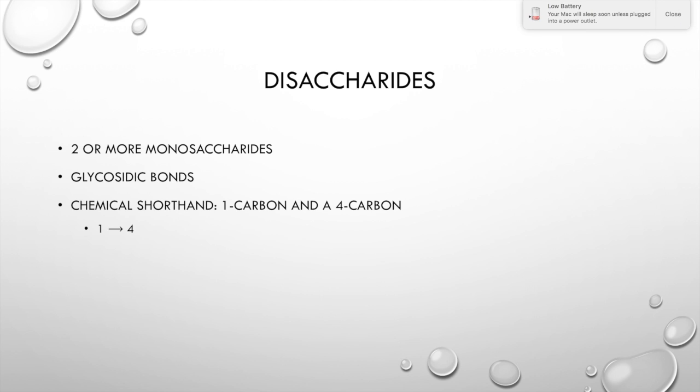The chemical shorthand for how monosaccharides are bonding together is, let's say the first carbon on one of the monosaccharides is bonding to the fourth carbon on the other monosaccharide. When they join together, you're going to write the shorthand as 1 to 4, which means that the first carbon on the first molecule is bonding to the fourth carbon on the second monosaccharide. So this is just the chemical shorthand of writing that, and you're going to see in a second how they bond and how it looks.